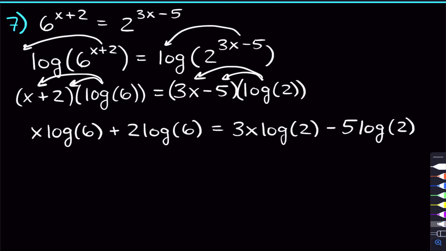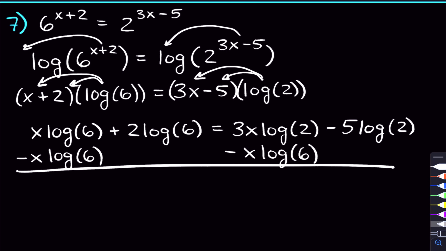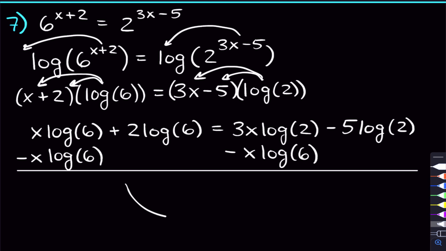So this looks pretty gross, but all we have to do from here is get our x terms on the same side. So what I'll do is I'll subtract the x log 6 on both sides, and that'll get all my x's over to the right side. And then I will get all of my non-x pieces to the other side. So that means I need to add that 5 log of 2 on both sides.